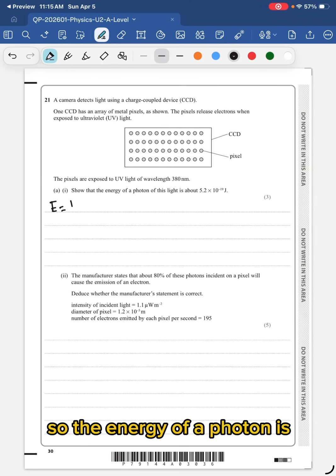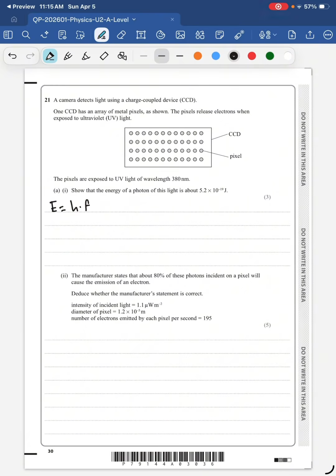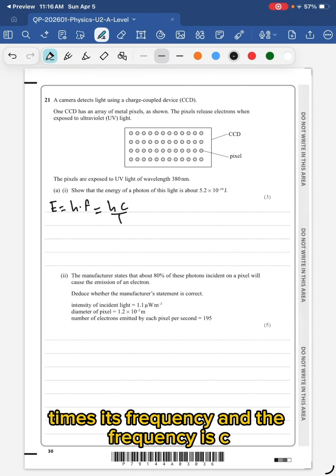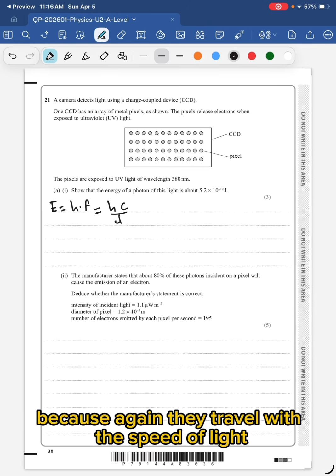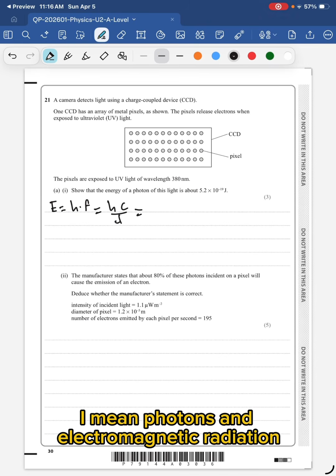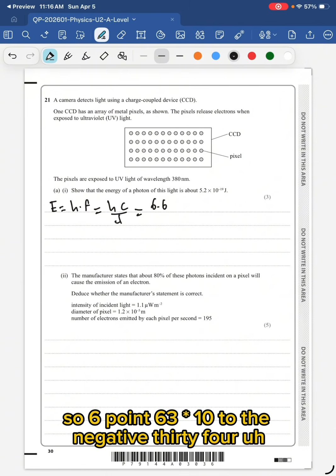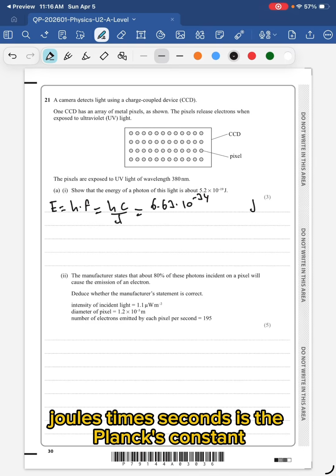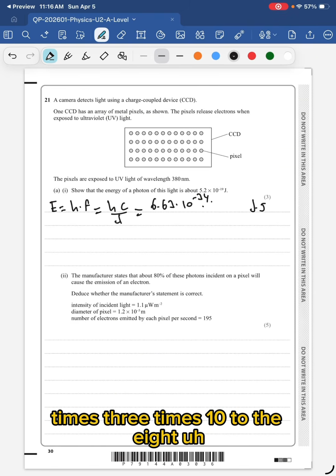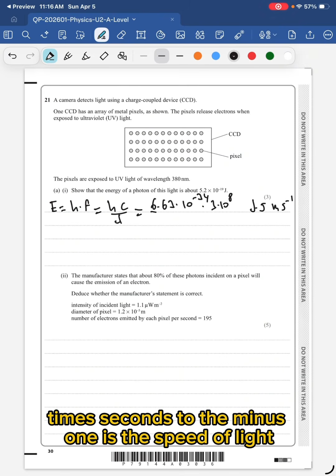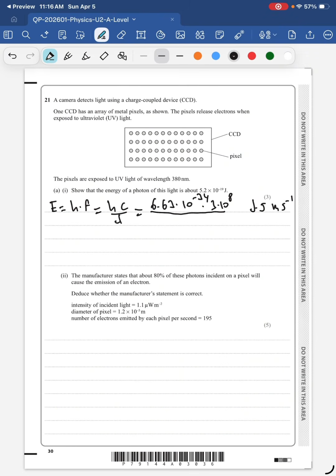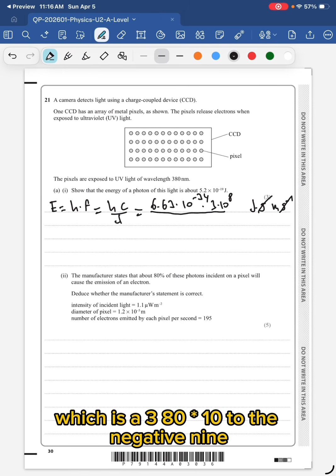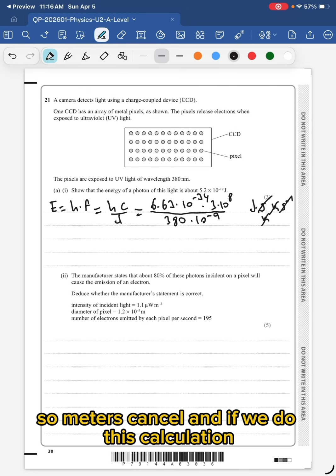So the energy of a photon is equal to Planck's constant times its frequency, and the frequency is c, the speed of light, over lambda, because photons and electromagnetic radiation travel with the speed of light. So 6.63 times 10 to the negative 34 joule seconds is Planck's constant, times 3 times 10 to the 8 meters per second is the speed of light, over lambda, so seconds cancel, over 380 times 10 to the negative 9 meters, so meters cancel.